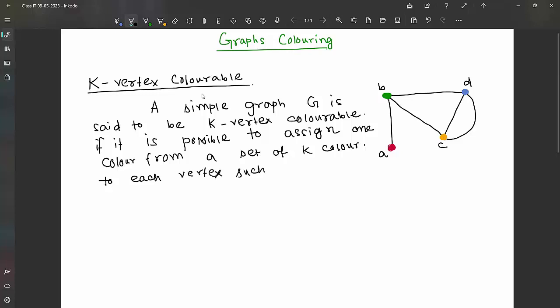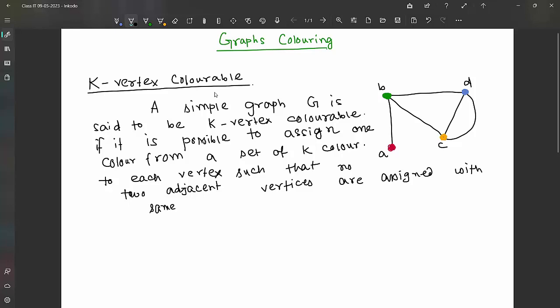Such that no two adjacent vertices are assigned the same color.